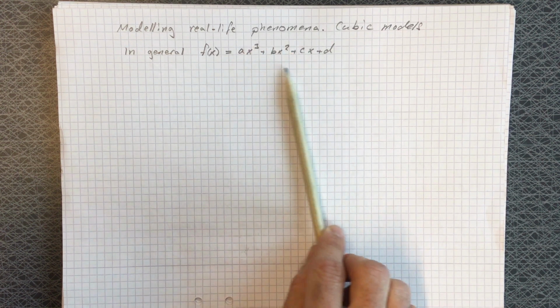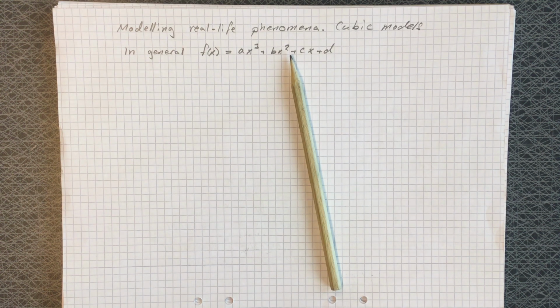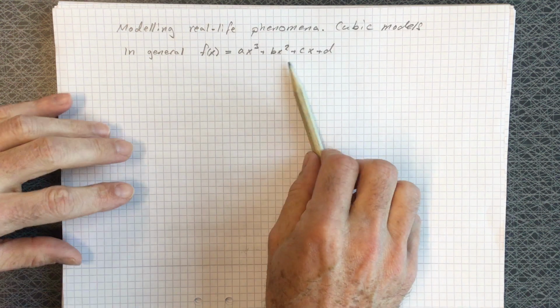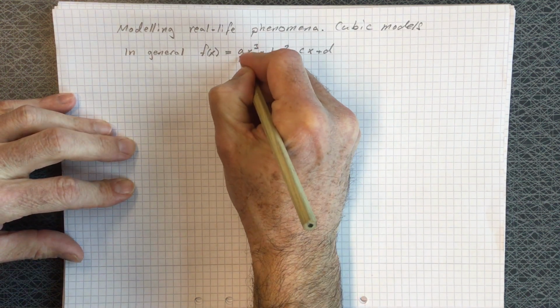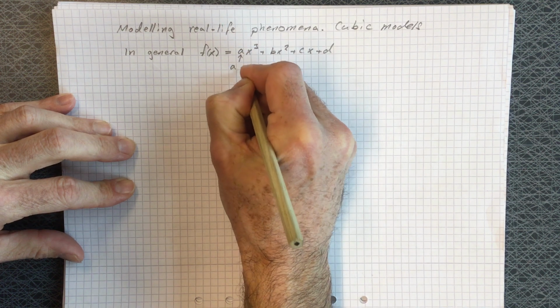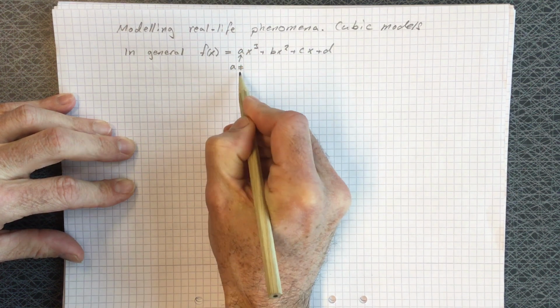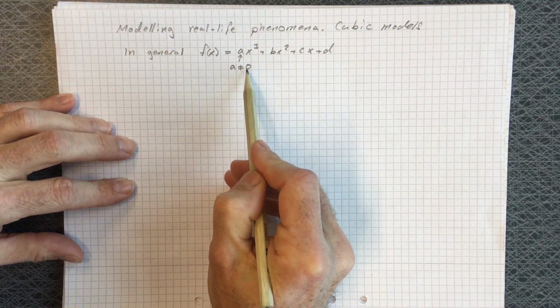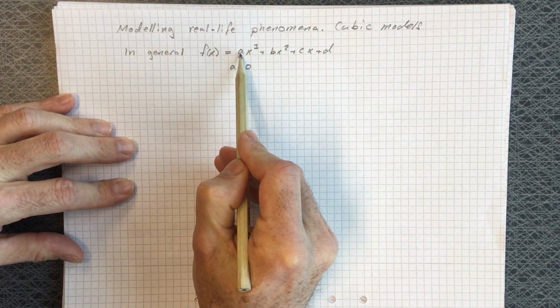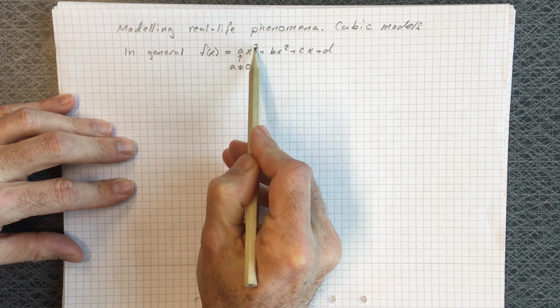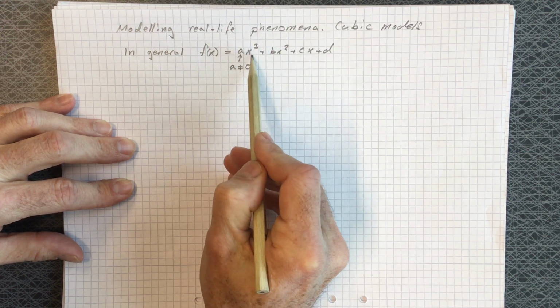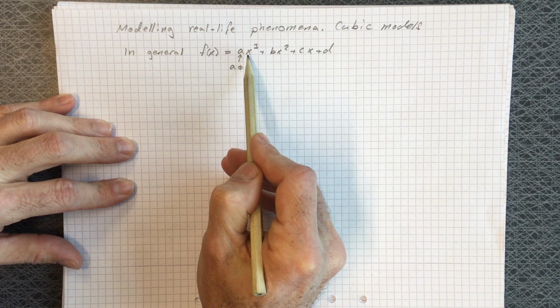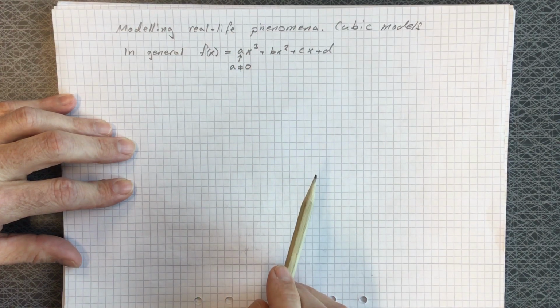That's what's changing in different models. Now, the constant a is not allowed to be 0. Because if it is, then you have 0 multiplied with x cubed, then this term is 0. Then there is no cubic model anymore.